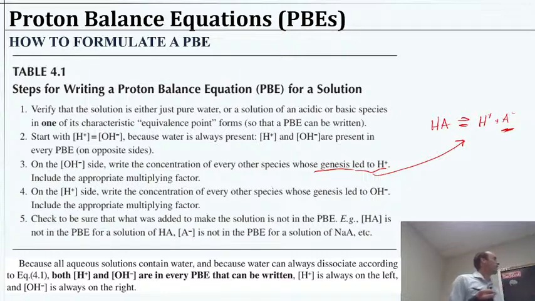All right. We might also need a multiplying factor if, for example, we had, let's say, H2C, I'll use C, going to H plus, we'll have a better example in a minute, plus C2 minus, something like that.